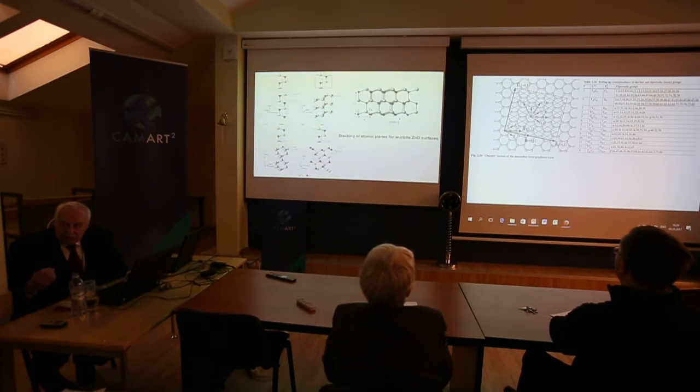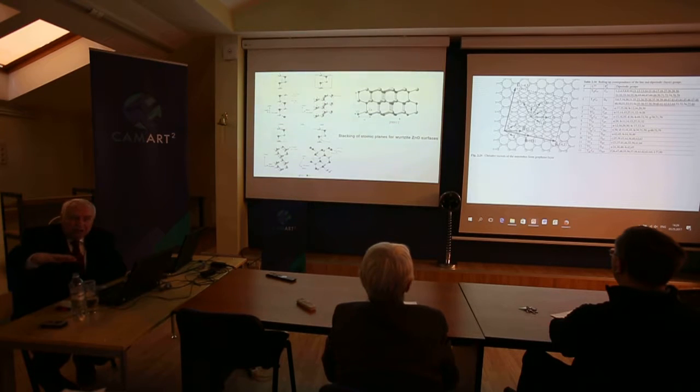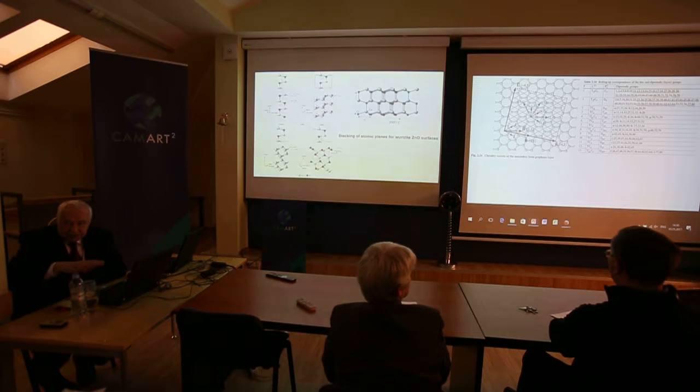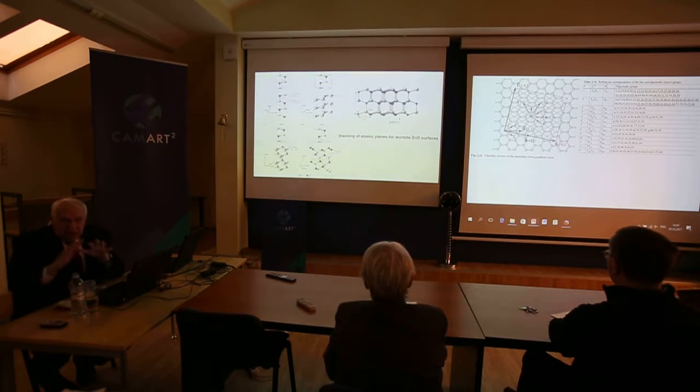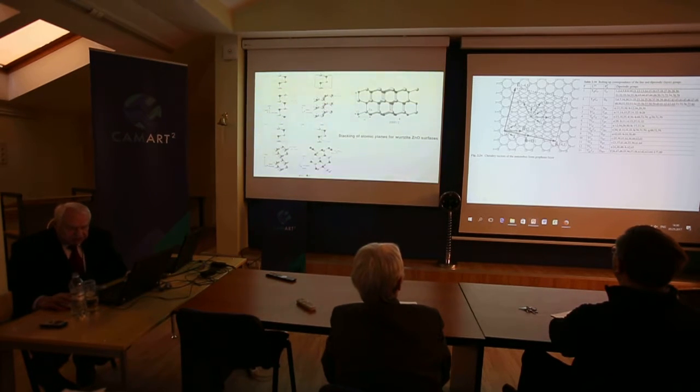I have chosen the simplest case, when you have a graphene plane consisting of only carbon atoms in a hexagonal two-dimensional lattice. This is graphene. Before rolling up, we need to choose two translation vectors. This is the primitive unit cell of graphene. I show it.